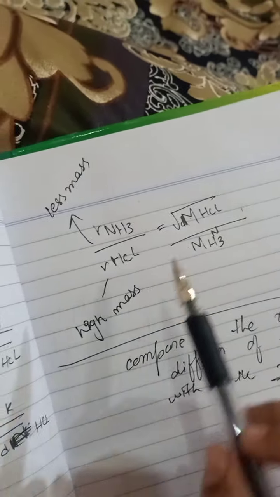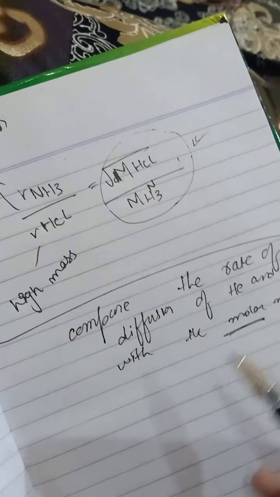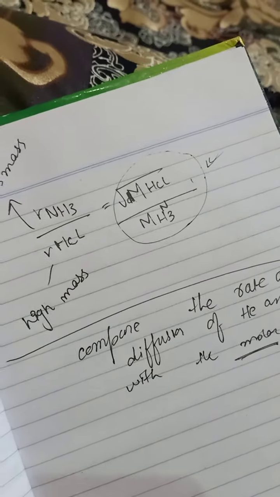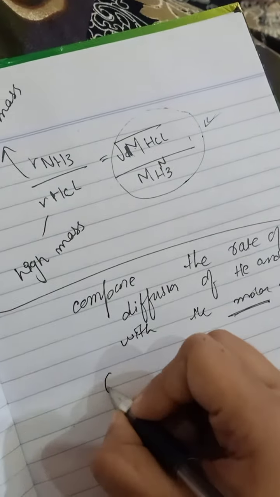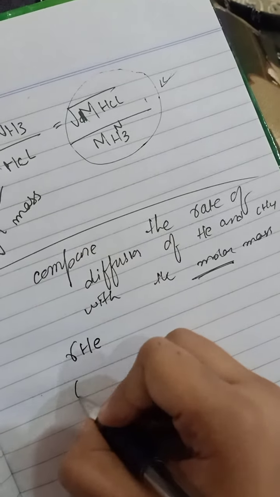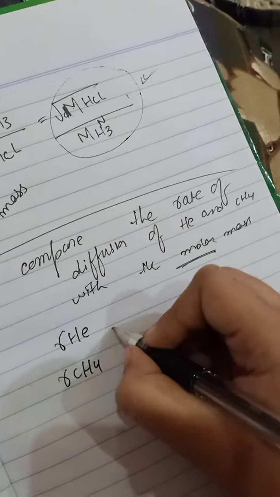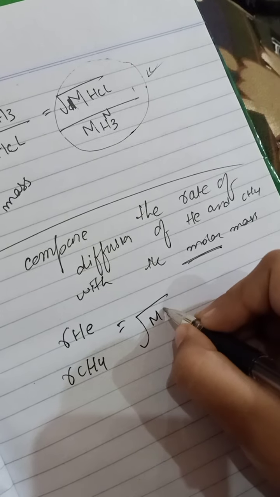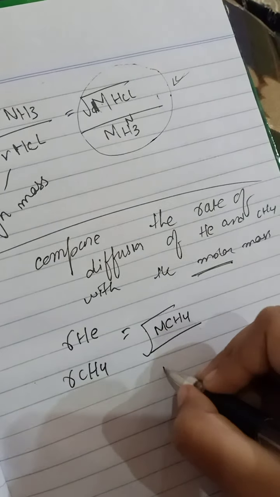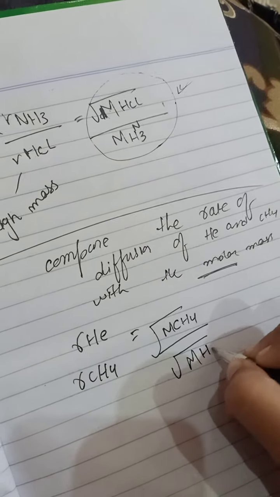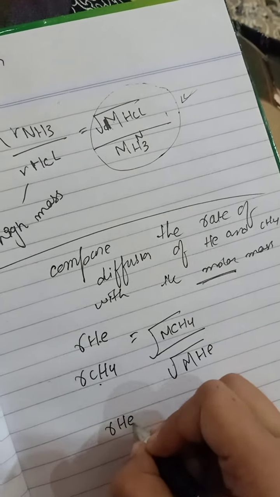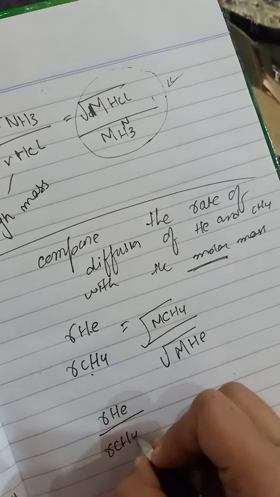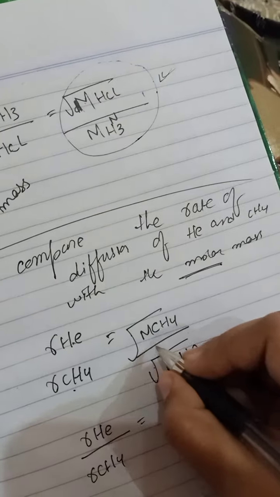Here we have to find the molar mass, so we use the formula for mass, because there is no density. So the rate of helium upon the rate of methane is equal to the square root of the mass of methane upon the mass of helium.